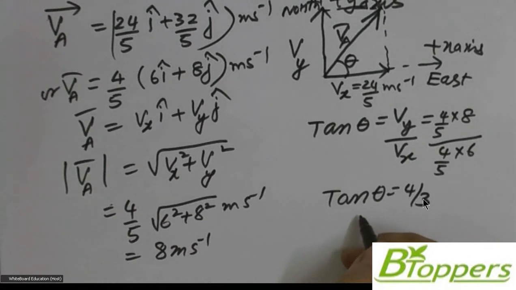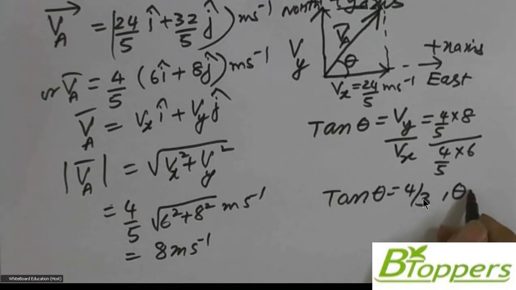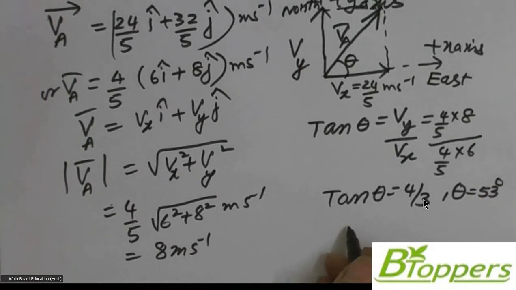As I mentioned in the past, sin 53 degrees equal to 4 by 5. Cos 53 degrees 3 by 5. So tan 53 degrees will be 4 by 3. So you get theta as 53 degrees. That means the actual velocity of A makes an angle of 53 degrees with x-axis. That means with east direction.